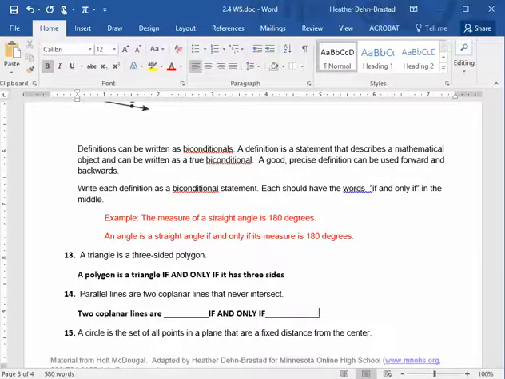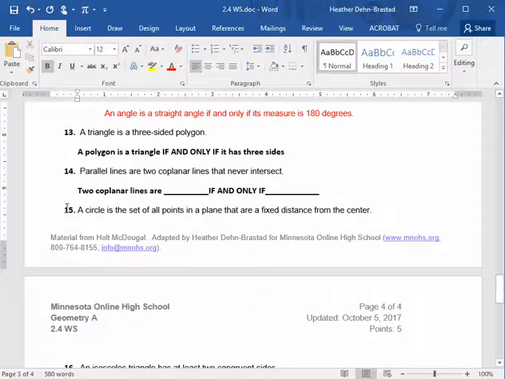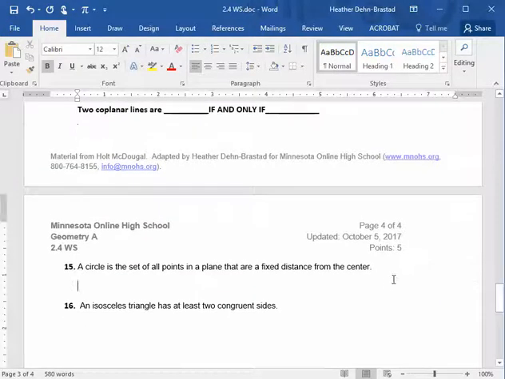And number 15 too, I'm just going to give you a little hint on this one. I'm going to go to the next page here. A circle is a set of all points in a plane that are fixed distance from a center.